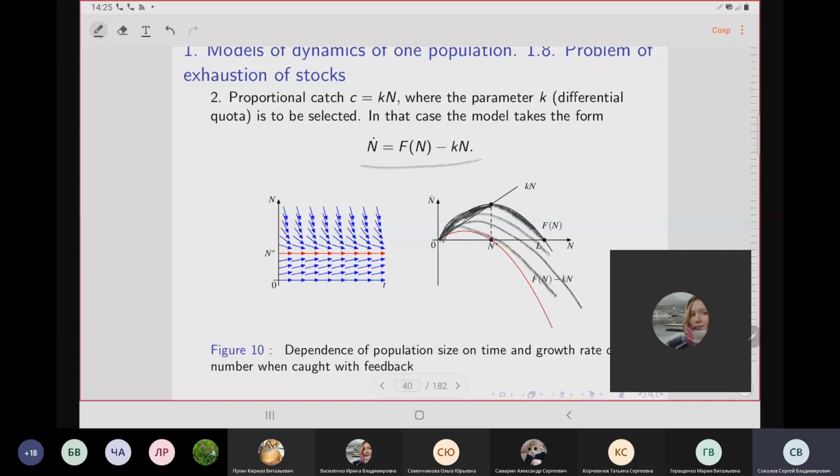What is optimal possible k? Optimal possible k is derived from the equation f(n) minus kn is 0. So k is f(n) divided by n.